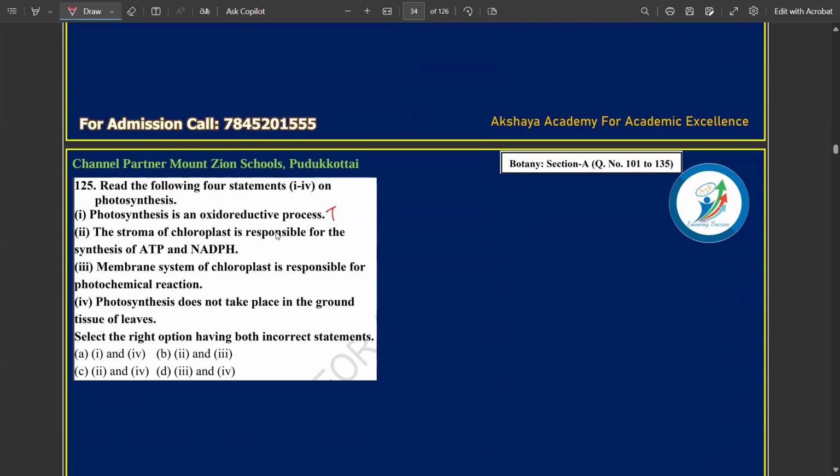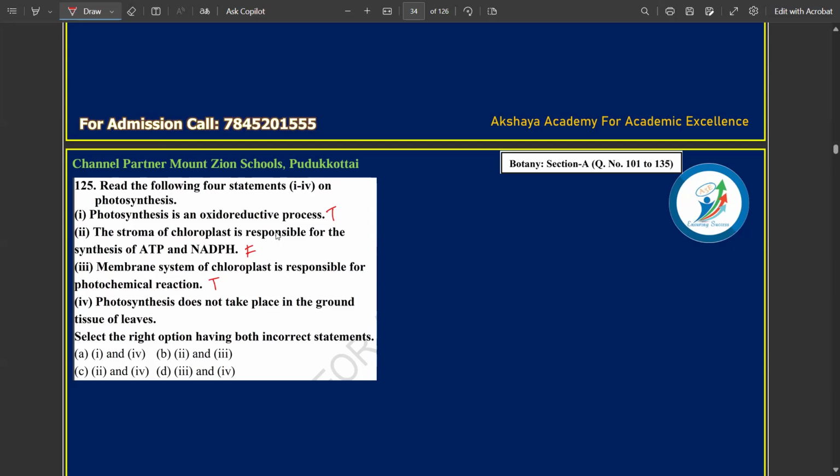The stroma of the chloroplast is responsible for the synthesis of ATP and NADPH. The stroma is not responsible. The thylakoid membrane is responsible. So it will be false. The membrane system of the chloroplast is responsible for the photochemical reaction, which means light reaction. It is true. Thylakoid is responsible for light reaction and stroma is responsible for the dark reaction.